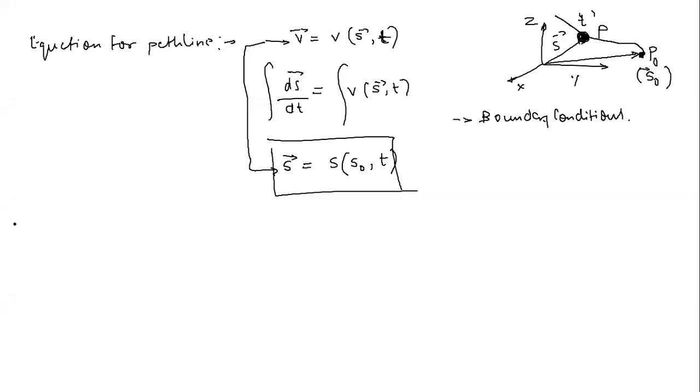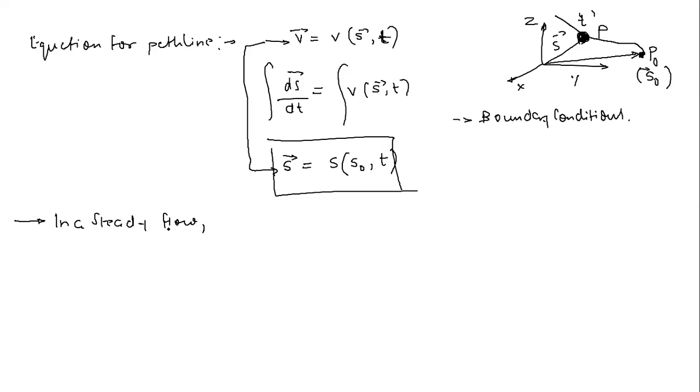Now let me ask you one more thing. Let's talk of steady flow. In a steady flow, if I say to you that the Eulerian and the Lagrangian versions become the same, is it correct or not?